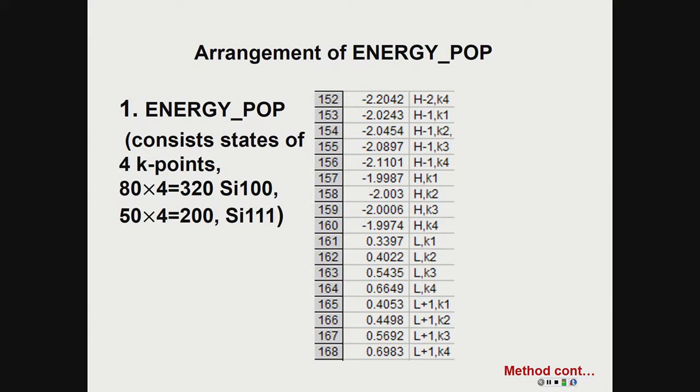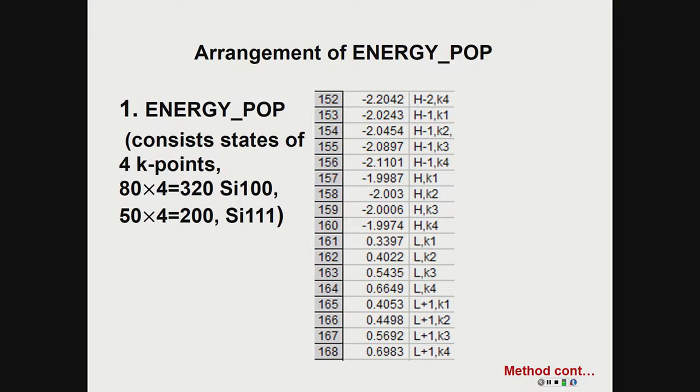So here, this is the screenshot of how the orbitals are arranged in this bigger file, which contains all of the orbitals for 4 K points. Here, this is HOMO of K point 4, and right above that, it's HOMO for K point 3, HOMO for K point 2, HOMO for K point 1, and then HOMO minus 1.